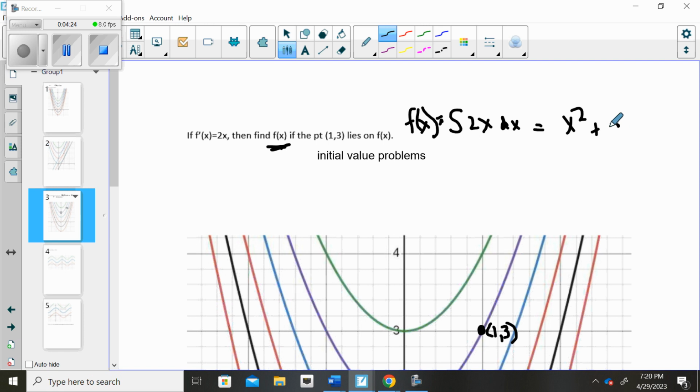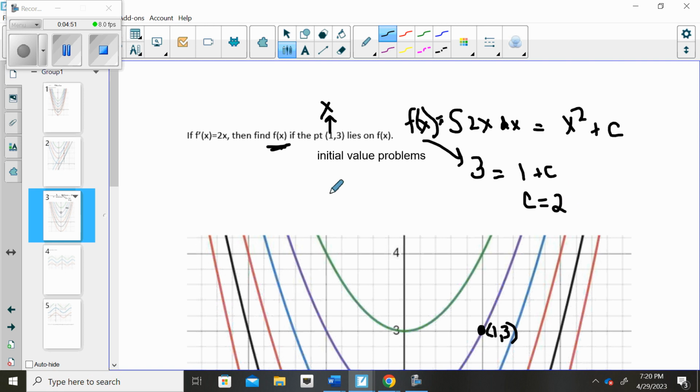And then I'm told if x is 1, well, the functional value has to be 3. So I plug in 3 for the f of x, 1 for x, and solve for the constant, thereby giving me what I already could see on the graph, that the constant is 2.